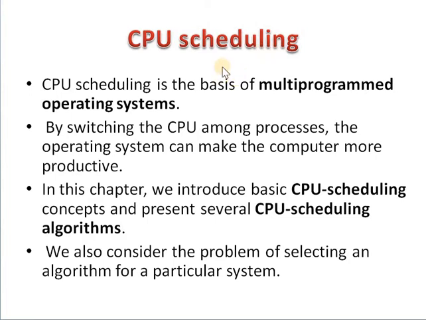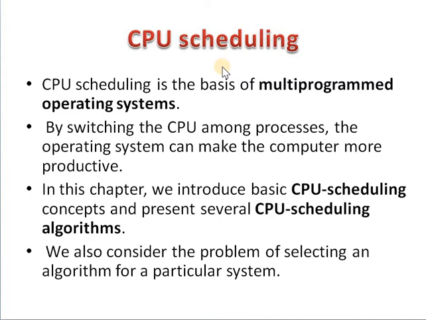So, why do we need the scheduling concept? Because a typical process involves both input output time and CPU time. In a uniprogramming system like Microsoft DOS, the time spent waiting for input output is wasted and the CPU is free during this time.